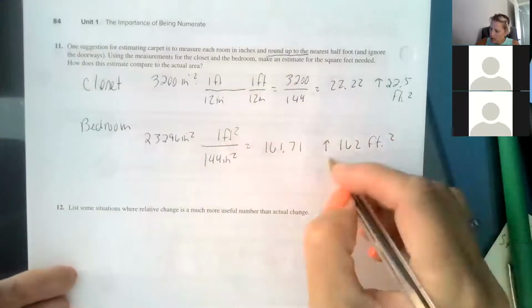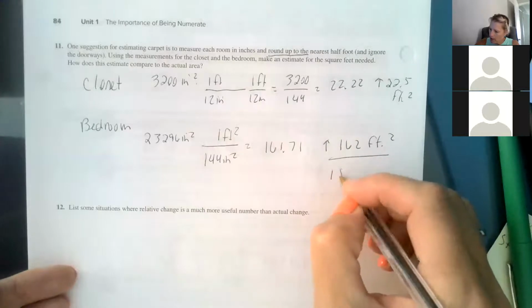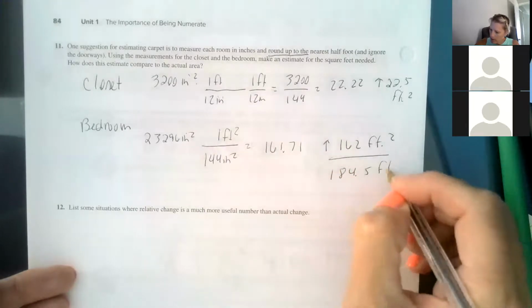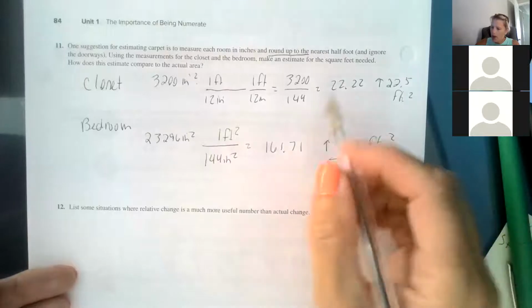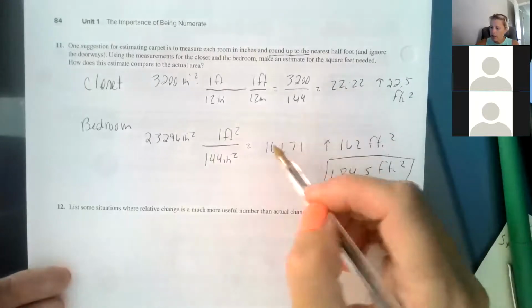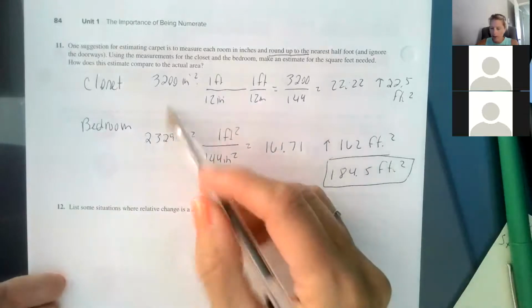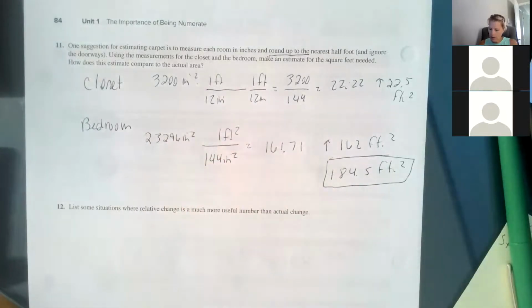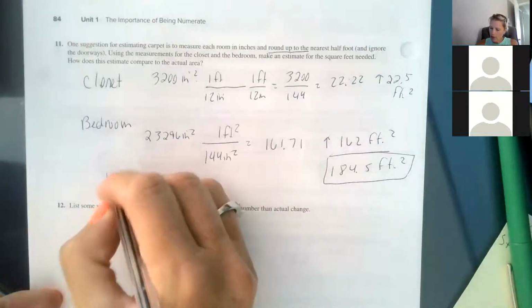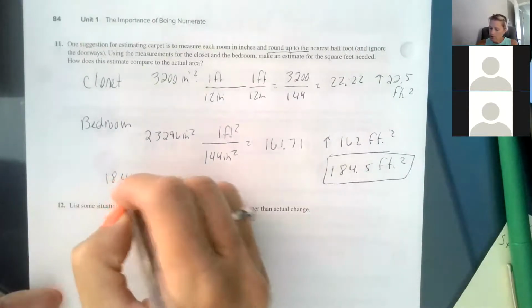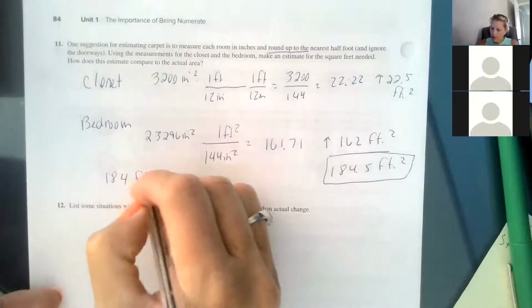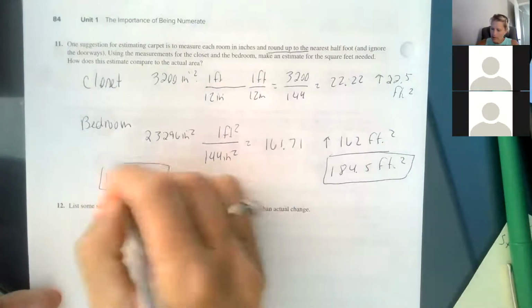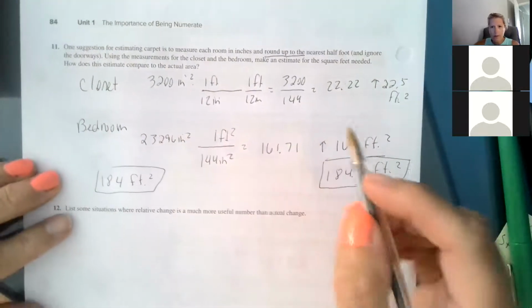So if we use these measurements, we would have 184.5 square feet. But if we added our square inches, 3,200 plus 23,296, and then divided by 144, I'd have 184 even. Did you get either of those, Stephen?